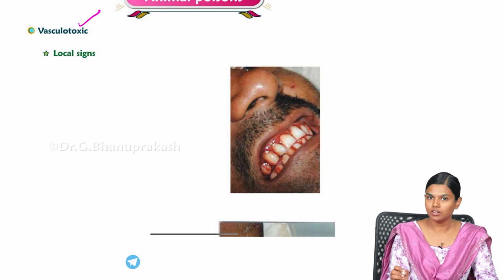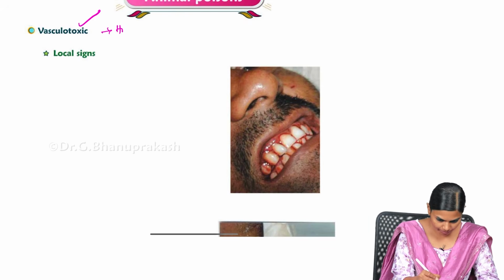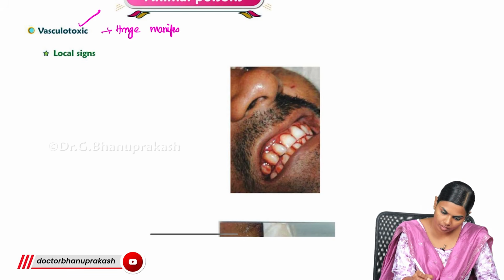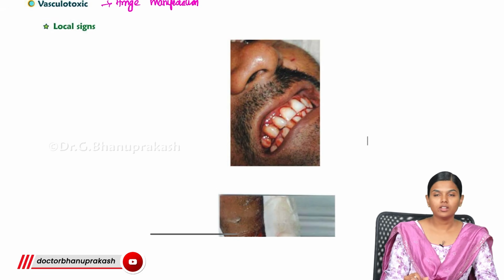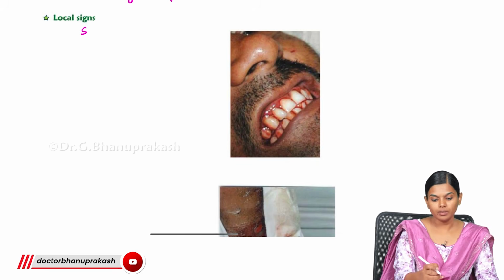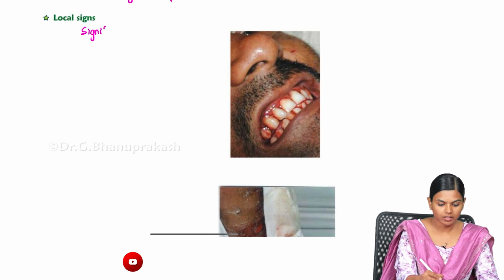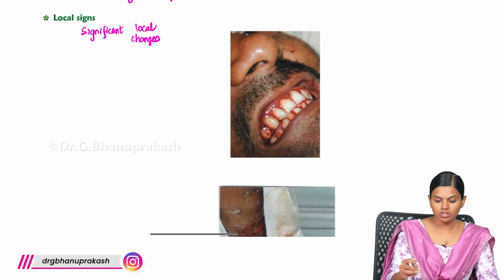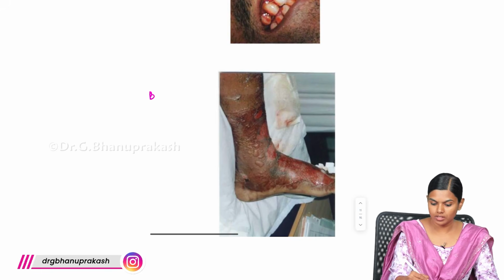So next, what are the signs and symptoms? If it is vasculotoxic, you will mainly have hemorrhagic manifestation. So first, local signs. There will be significant local changes in a vasculotoxic bite. You will start from this. You will have these blisters. It will become edematous.